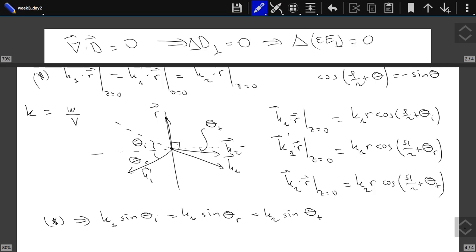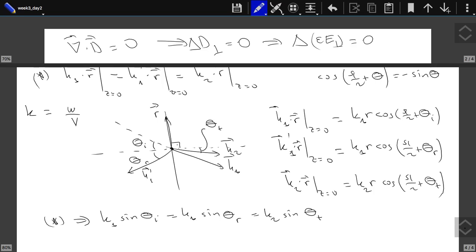Now what do those equalities mean? By construction, theta i, theta r, and theta t are angles between 0 and pi over 2. That's how I define them. Just look at this equality. The k1s are the same, so I can cancel them.